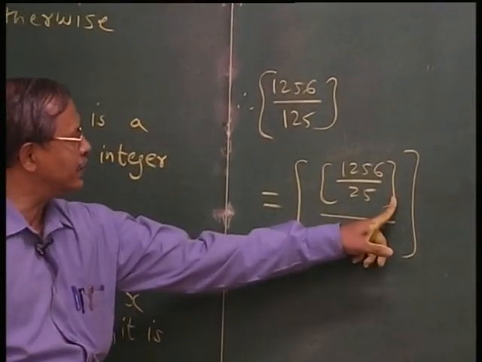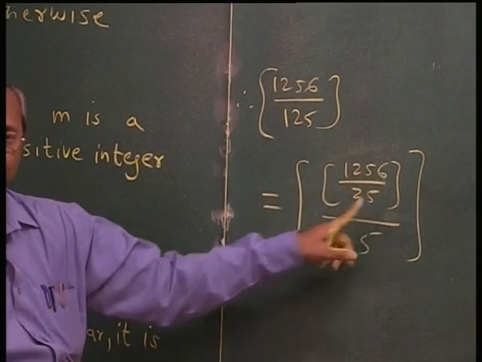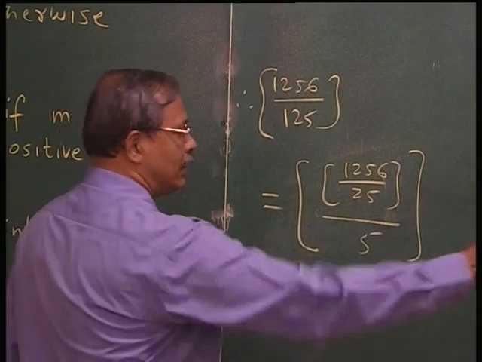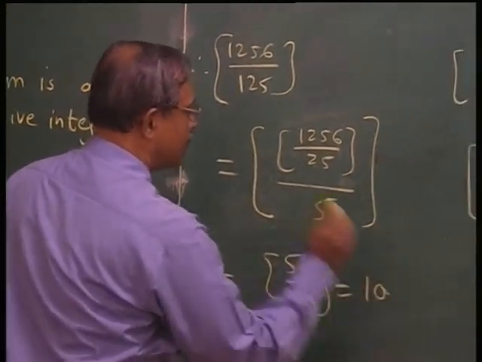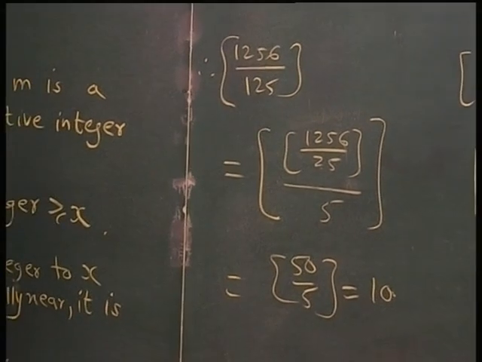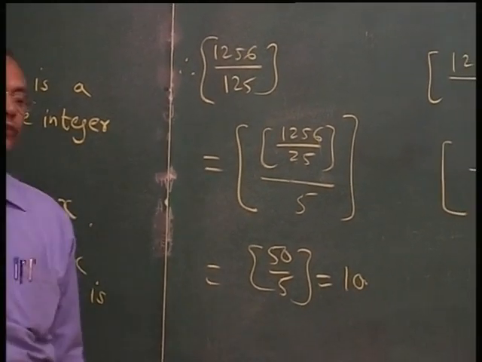This is the integral part of x, where x is this number, divided by 5. So what is this? You have already calculated this. This is 50 upon 5, this is 10. So this is how these rules can be used and the calculations can become simple.